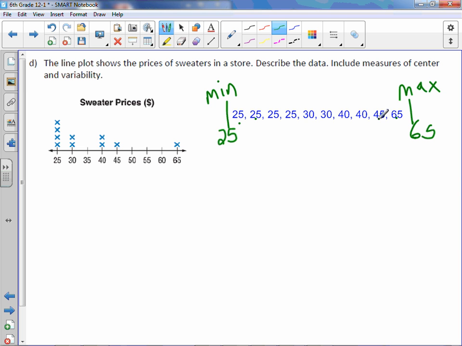The median is between 30 and 30, which means add them and divide by 2, and you get 30. Our first quartile is at 25. And our third quartile is at 40.